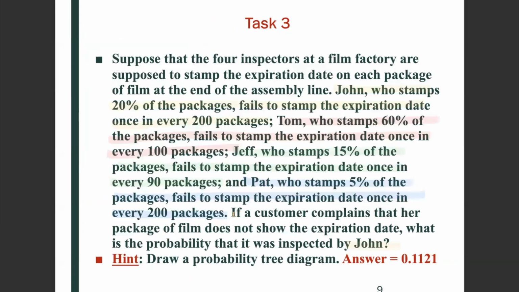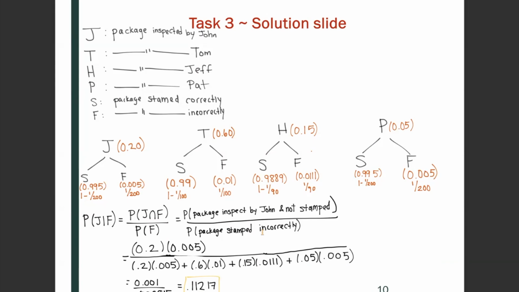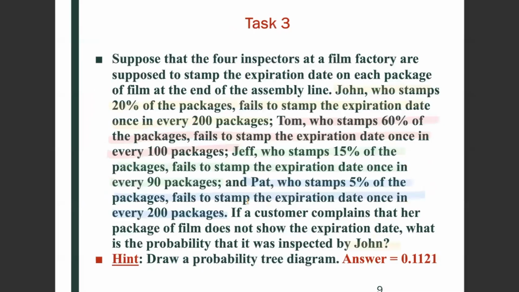Here's the question stem: if a customer complains that her package of film does not show the expiration date, in other words, that the package was stamped incorrectly, what is the probability that it was inspected by John?